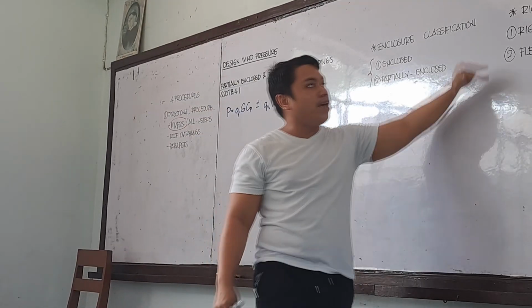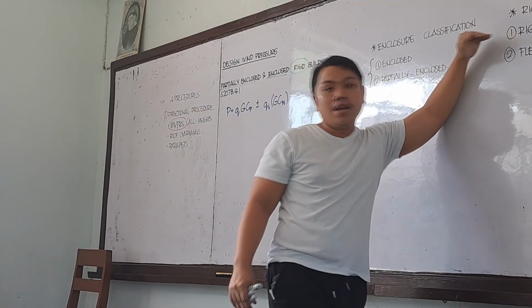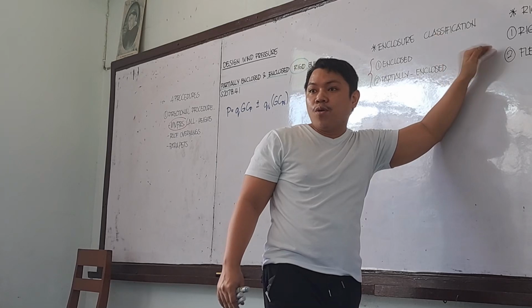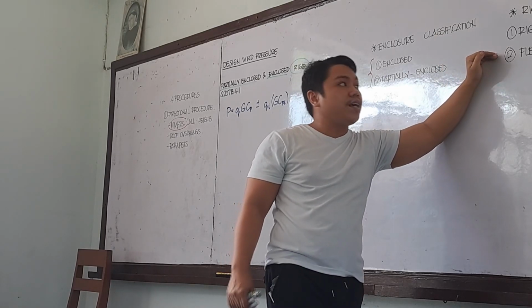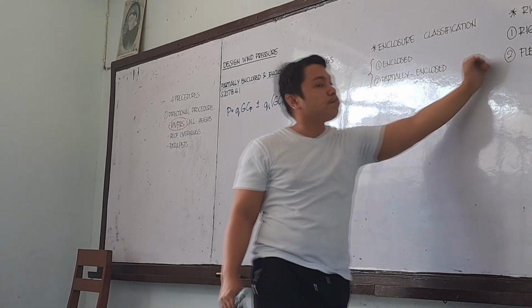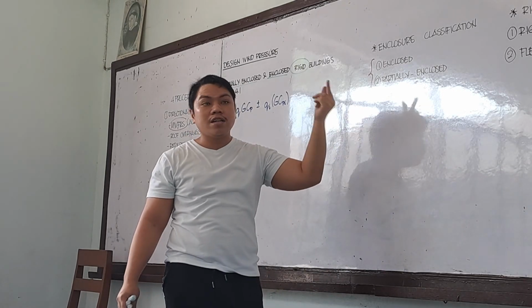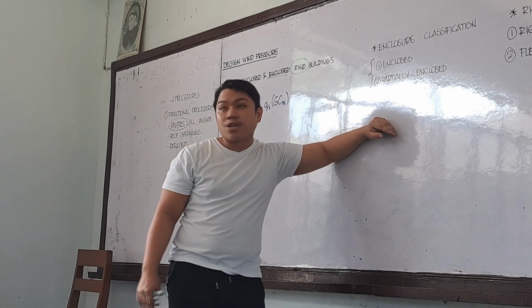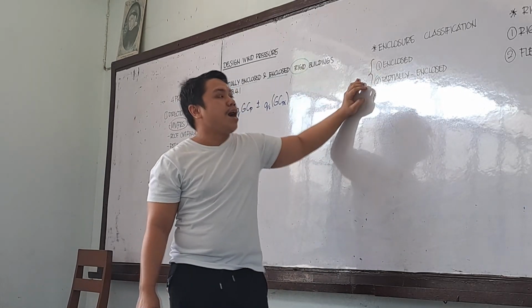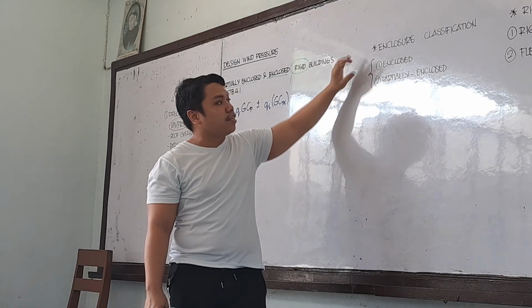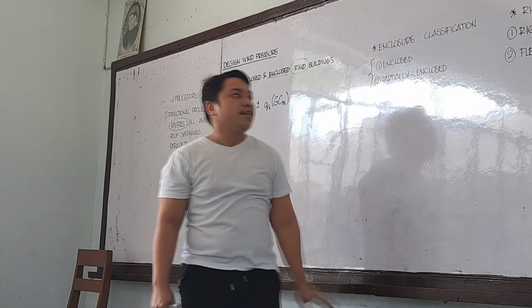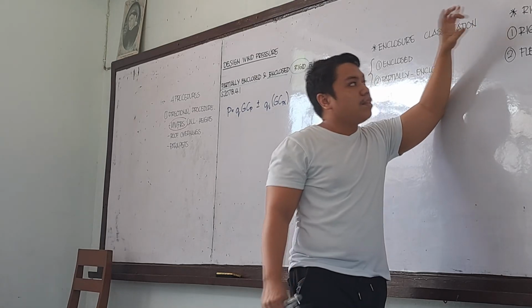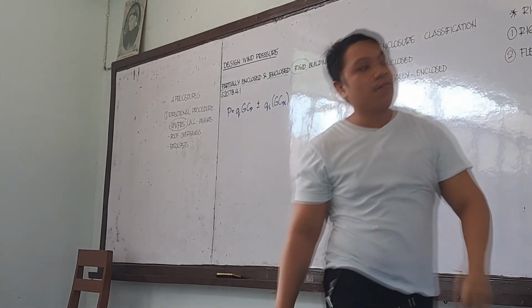And let's determine if the building is rigid or flexible. I know most of you are familiar with how to classify rigid and flexible buildings, but I think enclosure classification was not yet discussed. How can we classify if the building is enclosed, partially enclosed, or open? Then we will identify if the building is rigid or flexible.